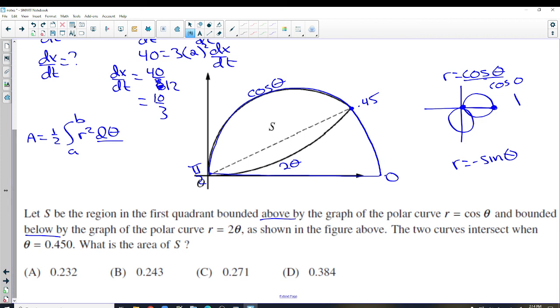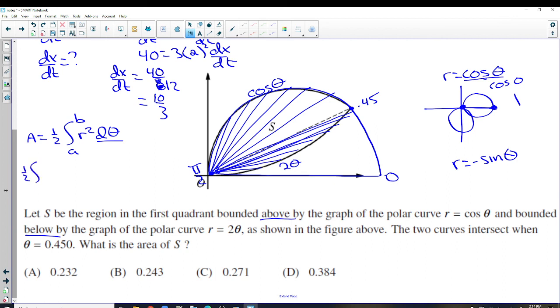All right, well, we're going to start here at 0 radians. We're going to work our way to 0.45, and those are following this bottom curve until we get to 0.45, and then it's going to change to following the circle. All of these are just little areas that we're adding up, right? So we got 1/2 integral from 0 to 0.45 of 4 theta squared d theta, because we're going to square r.